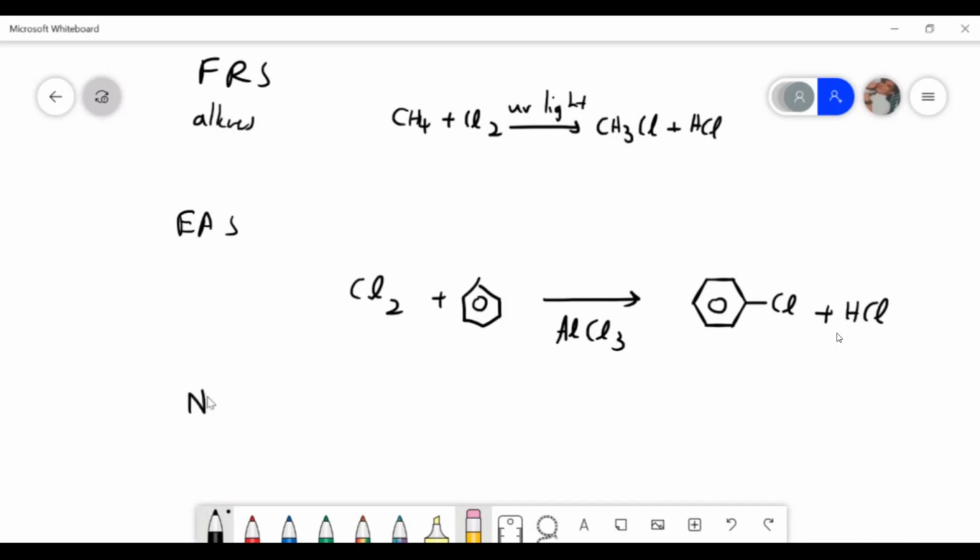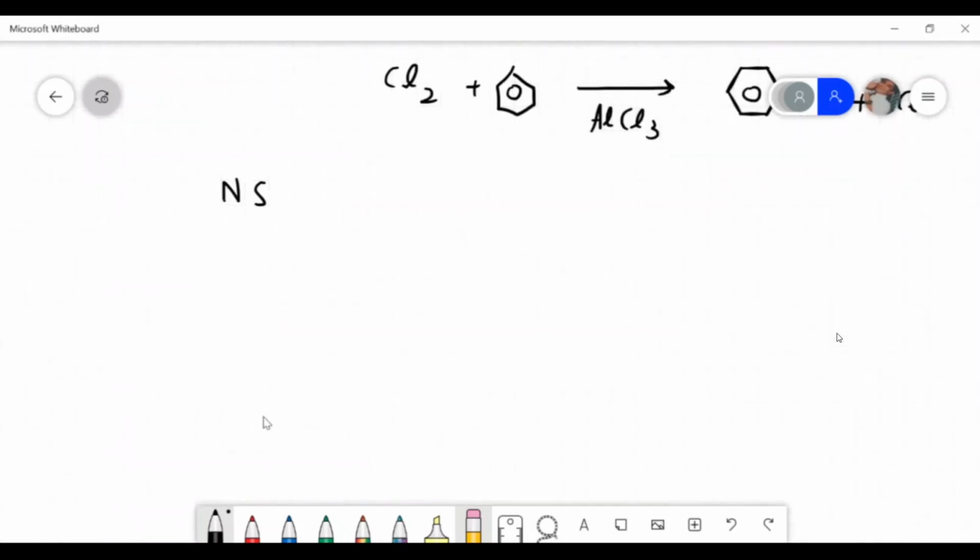Then you have nucleophilic substitution. For nucleophilic substitution, you have two types to remember: SN1 and SN2. For our syllabus, it's mostly just for halogenoalkanes, but it also happens for replacing your hydroxy groups with halogen groups. Normally we think about converting an RX to an ROH, but the reverse also happens using some form of nucleophilic substitution.